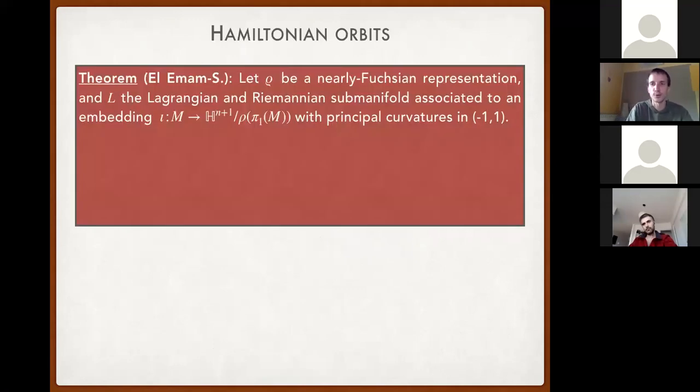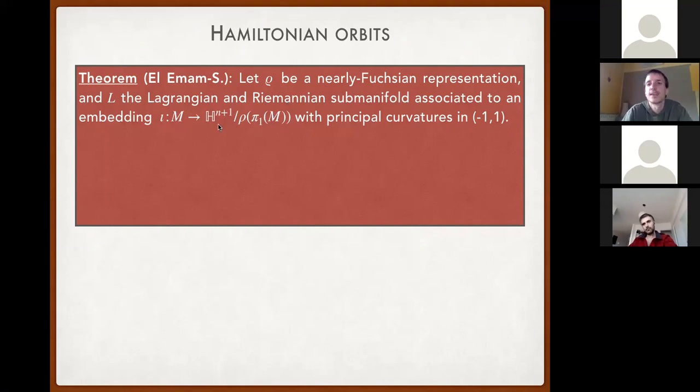It's a little long to state, but let's fix the setup. As usual, we fix once and forever a nearly-Fuchsian representation. Since this representation is nearly-Fuchsian, we know there is one submanifold which is Lagrangian and Riemannian, which comes from an embedding in the nearly-Fuchsian manifold.